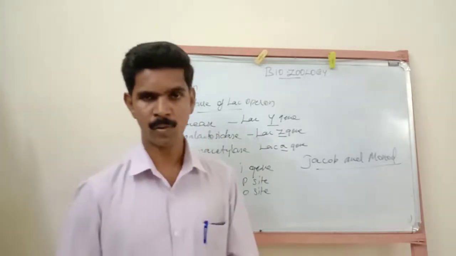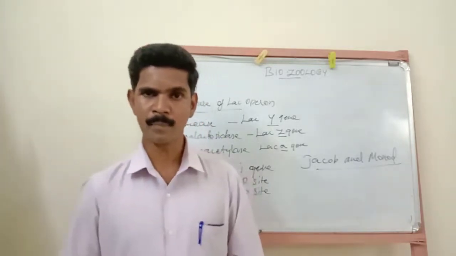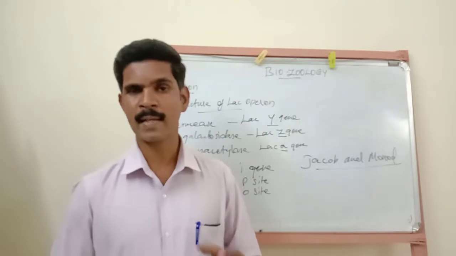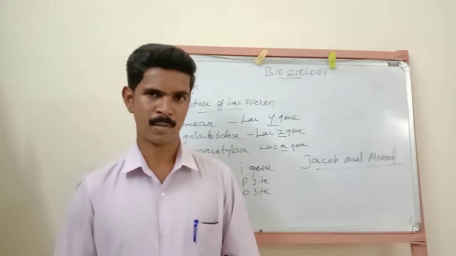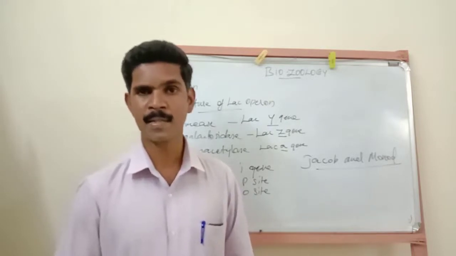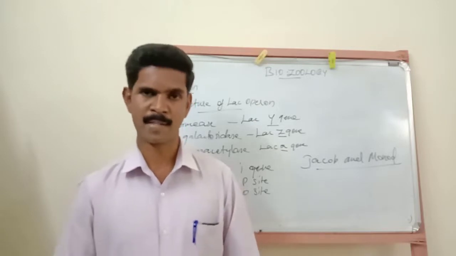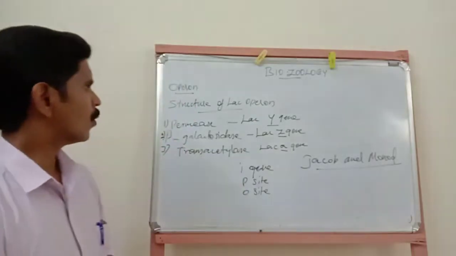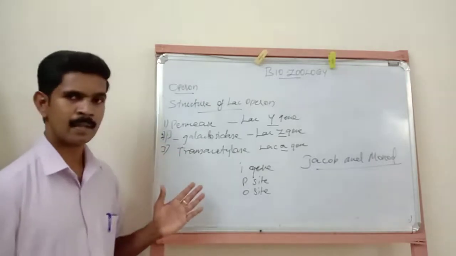So the lac operon is one of the important transcription units. It's a unit of gene transcription and gene expression. What are the enzymes present in this lac operon?